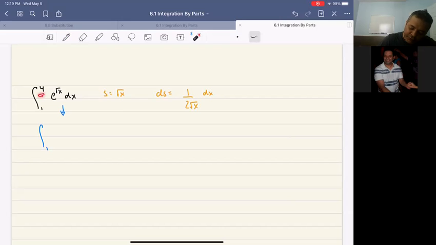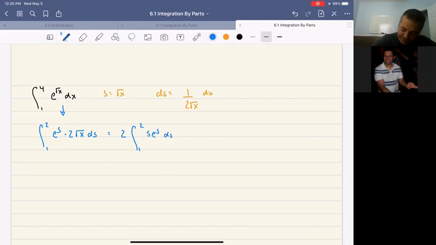When x equals 4, s equals 2. So we're going to have e to the s, and then dx is going to be 2 square root of x ds. But square root of x, look at that, that's s. So we get 2 times the integral from 1 to 2 of s e to the s ds.